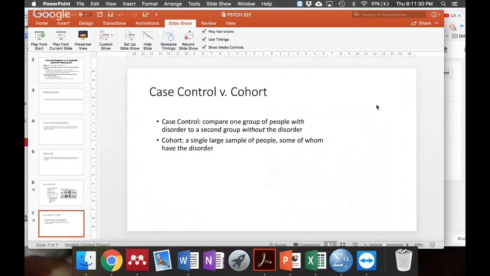So I think one of the easiest ways to understand the differences is to understand when these studies are used for different types of research questions. So, for example, cohort studies are often used to study incidence, causes, and prognosis because they measure events in chronological order, and they can be used to distinguish between cause and effect.